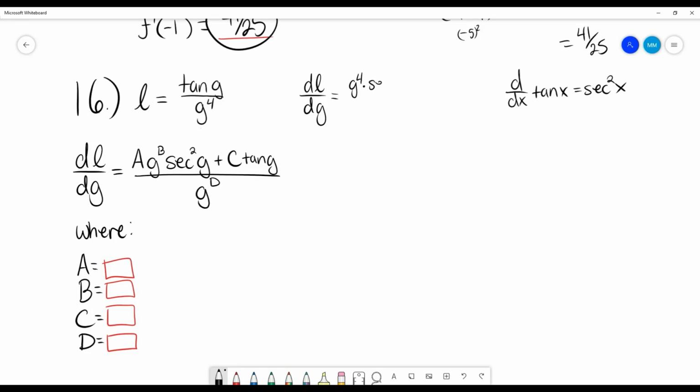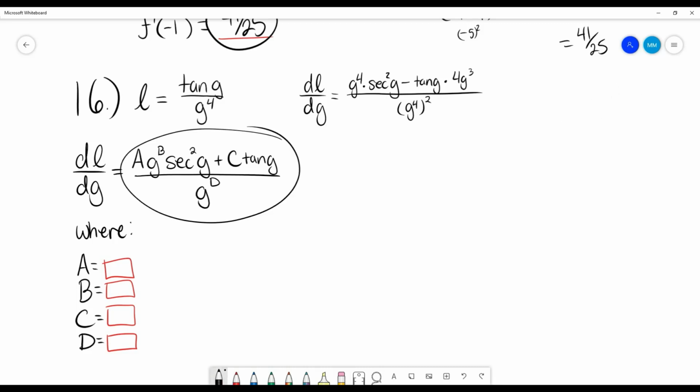So this is going to be secant squared of G, and now minus our top term times the derivative of our bottom, which is 4G cubed, all over G to the 4th squared, because that's just what our quotient rule is. Now, that's already pretty close to these terms. We just have to manipulate it a little bit.